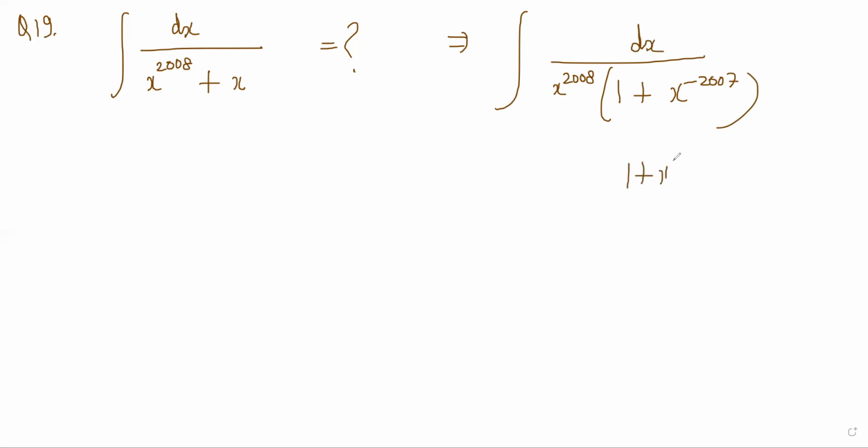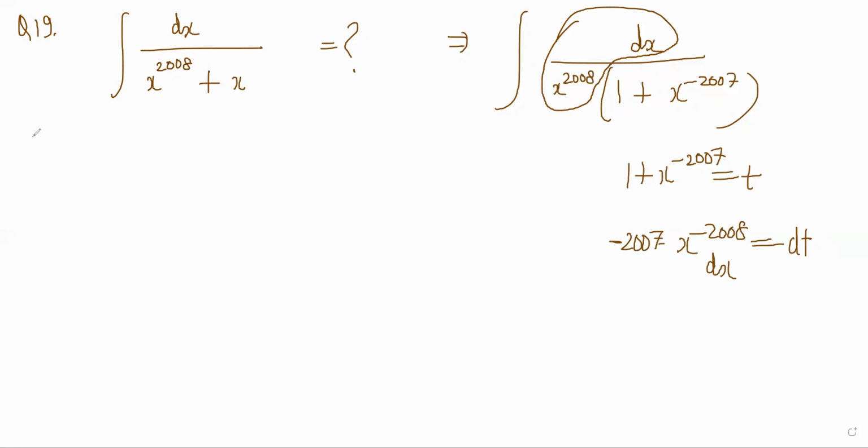Now, if you take 1 plus x power minus 2007 as equal to t, you will get minus 2007 x power minus 2008 dx is equal to dt. So we already have a dx by x power 2008.